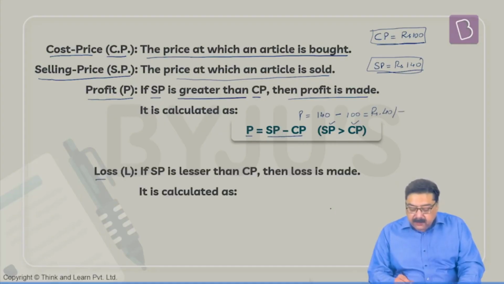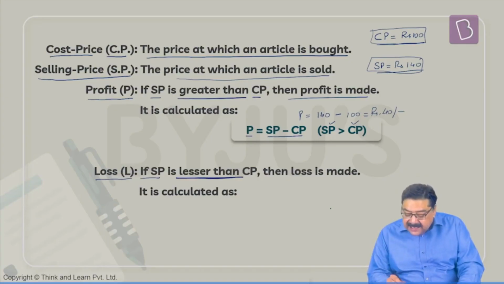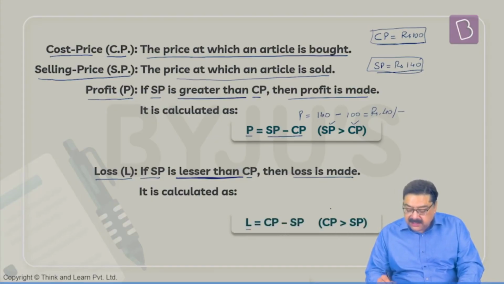Then God forbid if you make loss, then what is loss? If selling price is lesser than the cost price, then loss is made. And it is calculated as loss equals cost price minus selling price, where cost price is greater than selling price.